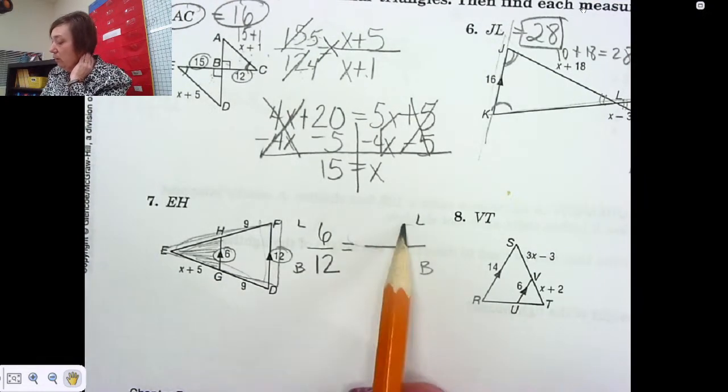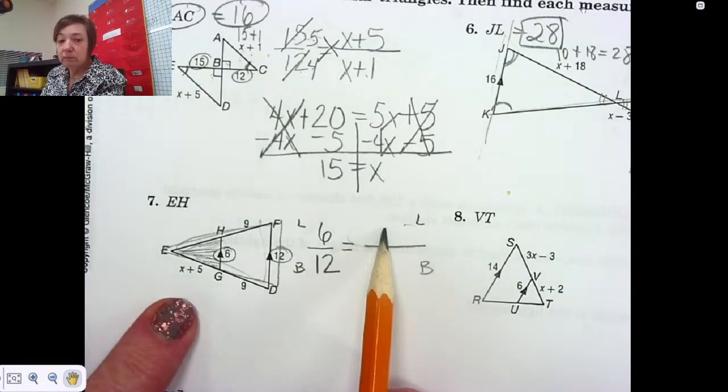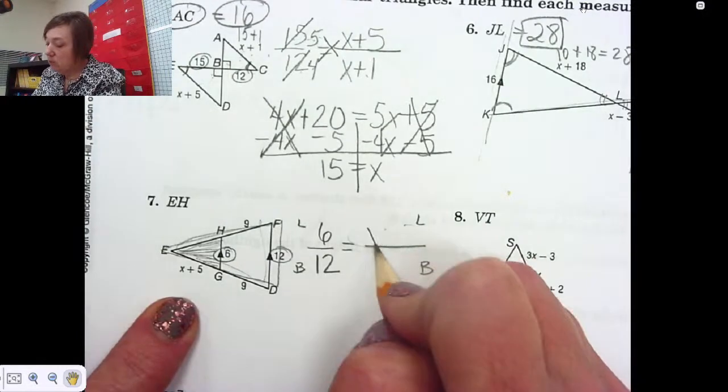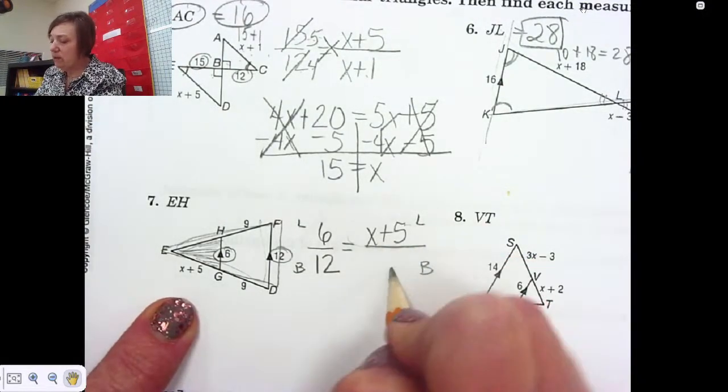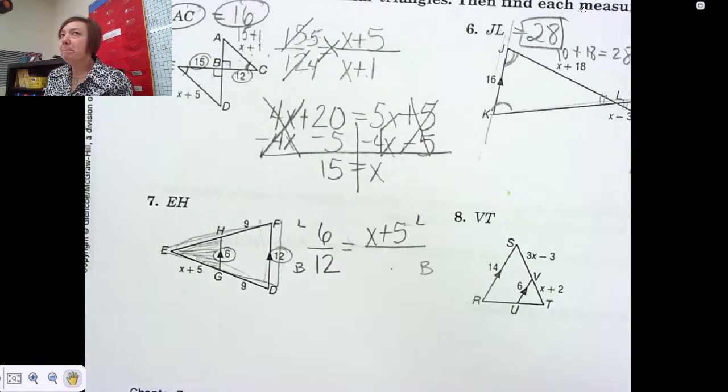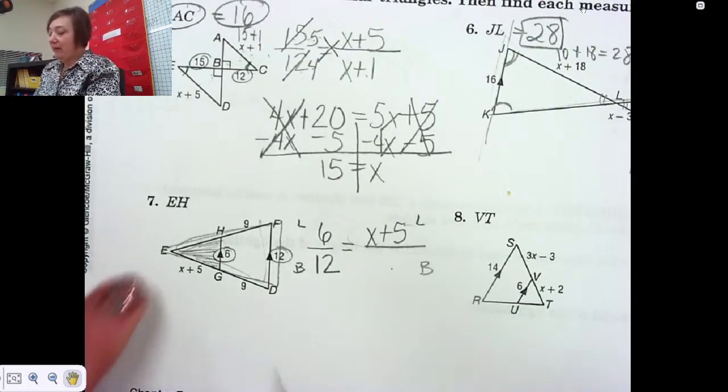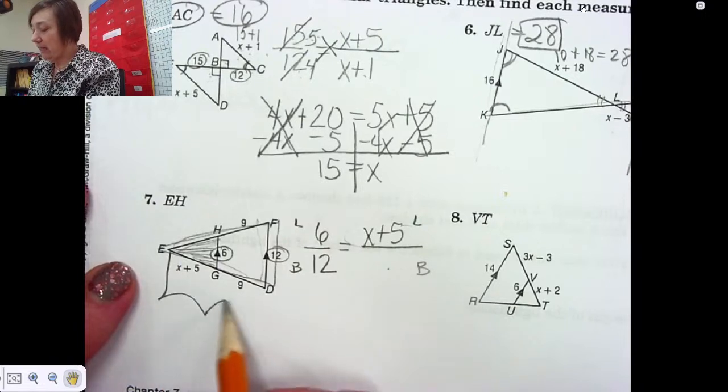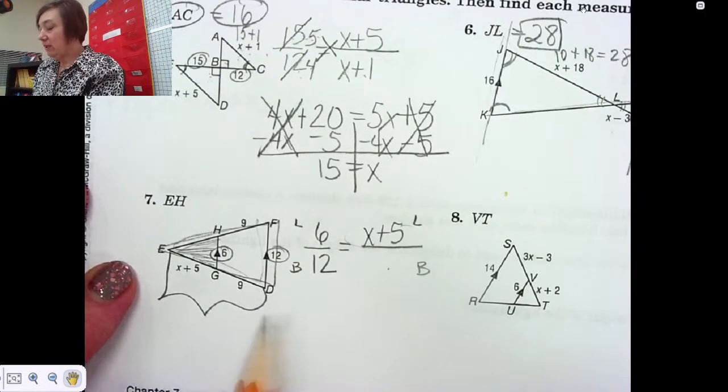So over here, what's going to go on top? X plus 5. And then what's going to go on bottom? It is not 9. Yeah, so here's the deal. They didn't tell us what this side was. They told us this piece.